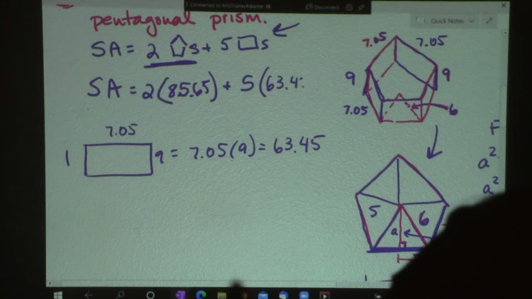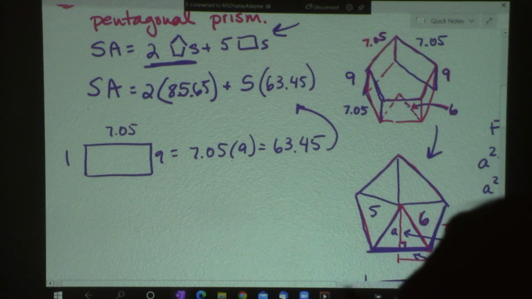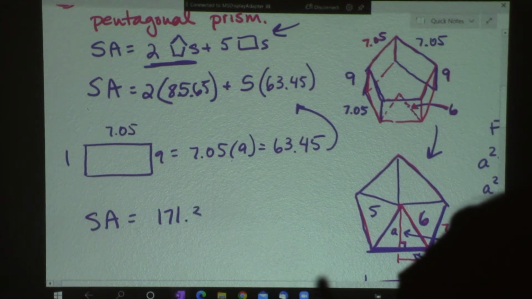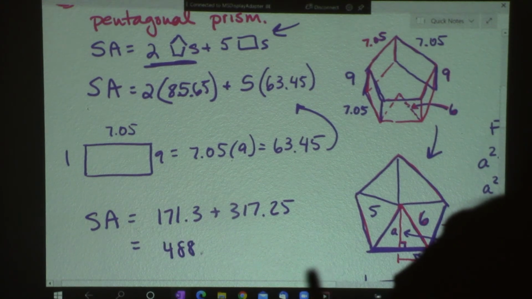I put that up here. Okay? So now, working that out, I get 171.3 plus 5 of my rectangles, which is 317.25, and I get 488.55.